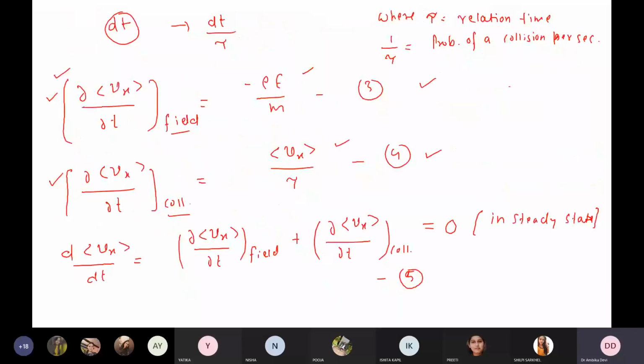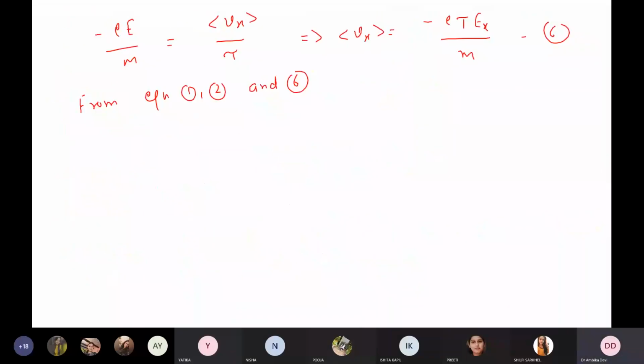So the net result will be sigma Ex is equal to minus n e times Vx, where Vx is minus e tau Ex divided by m.